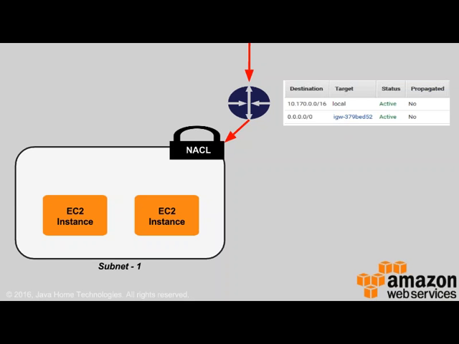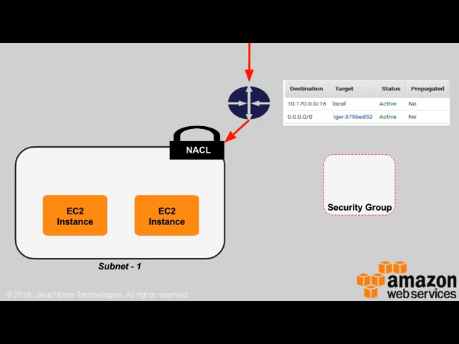This is what happens internally. See that? Before it reaches your subnet, there is a network access control list. Remember, this is at subnet level. If that allows your traffic, you will enter in. If it denies, your packets are dropped. So there is one network access control list on top of every subnet.